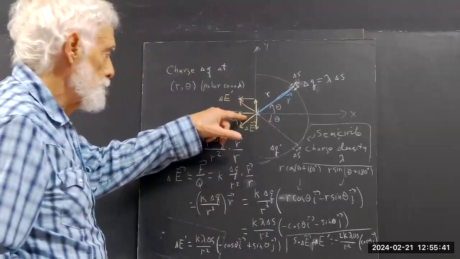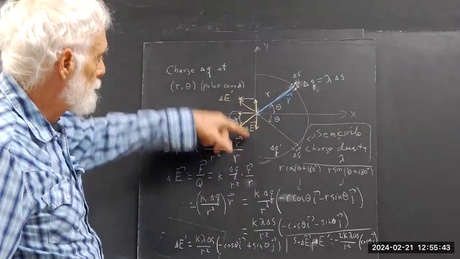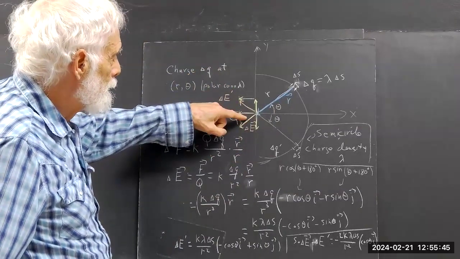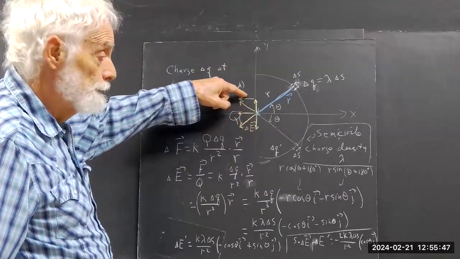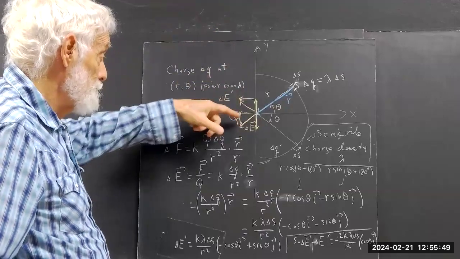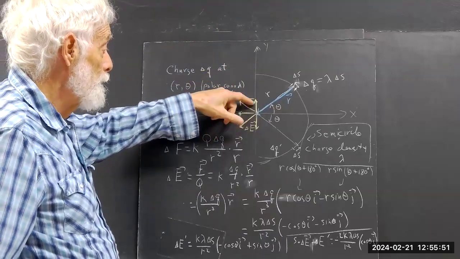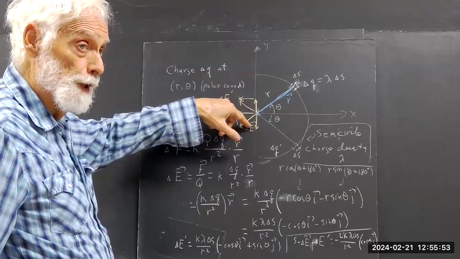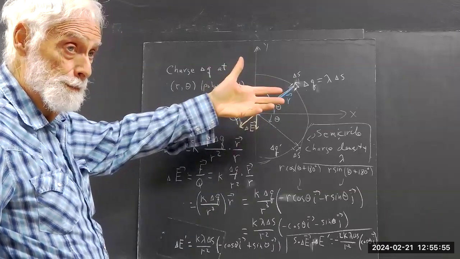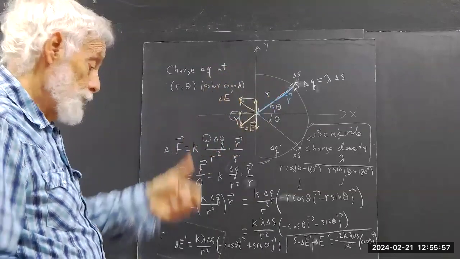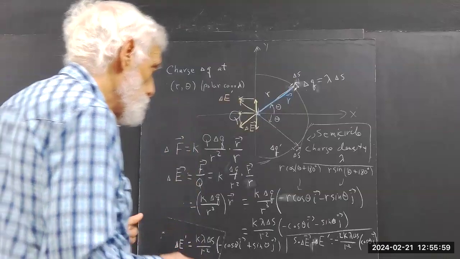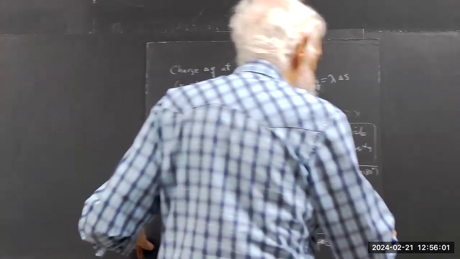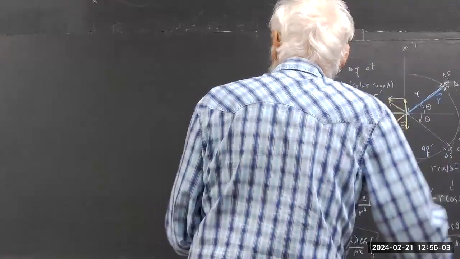I would have drawn this head to tail, but my label was in the way. So this component and this component are equal. So we're going to get double either one of them. This component and this component are in opposite directions, so we get zero. So we just get an x component. Okay. Now let's set this up.